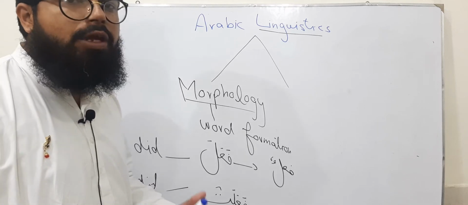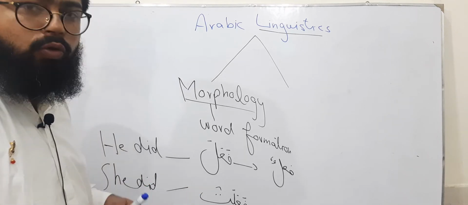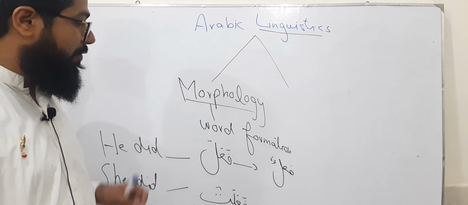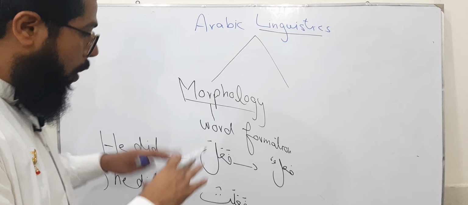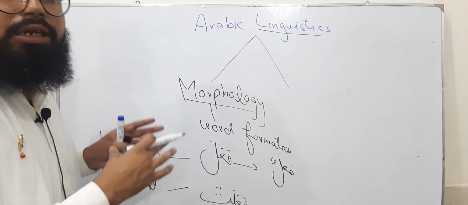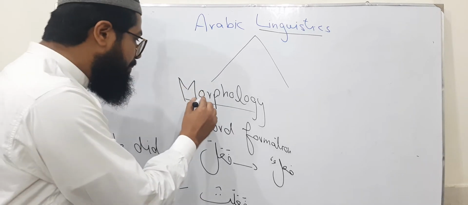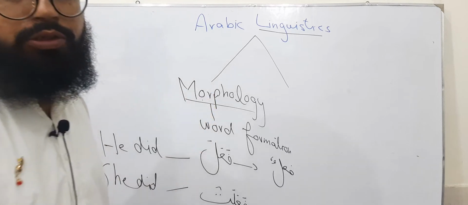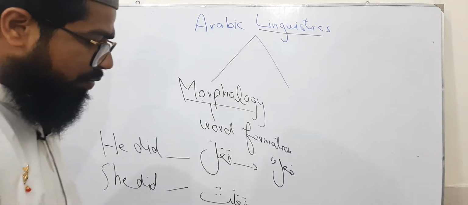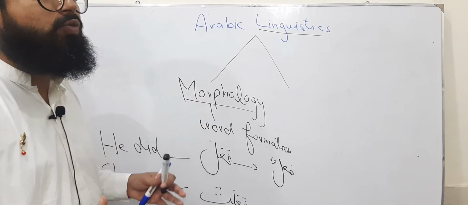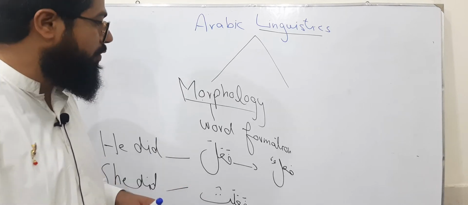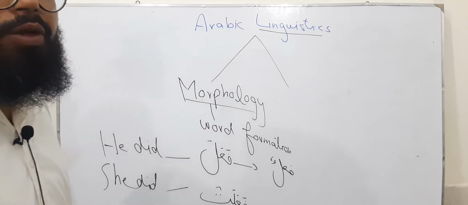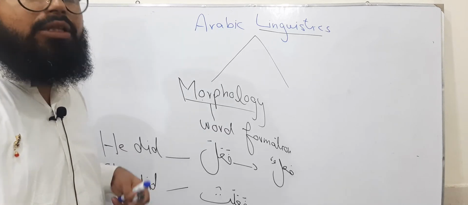So how are we able to learn the rules which tell us fa'ala means he did and fa'alat means she did? All this will be learned with the help of morphology. When you have memorized all the rules mentioned in the books of morphology, then you will be able to make the words of the Arabic language.